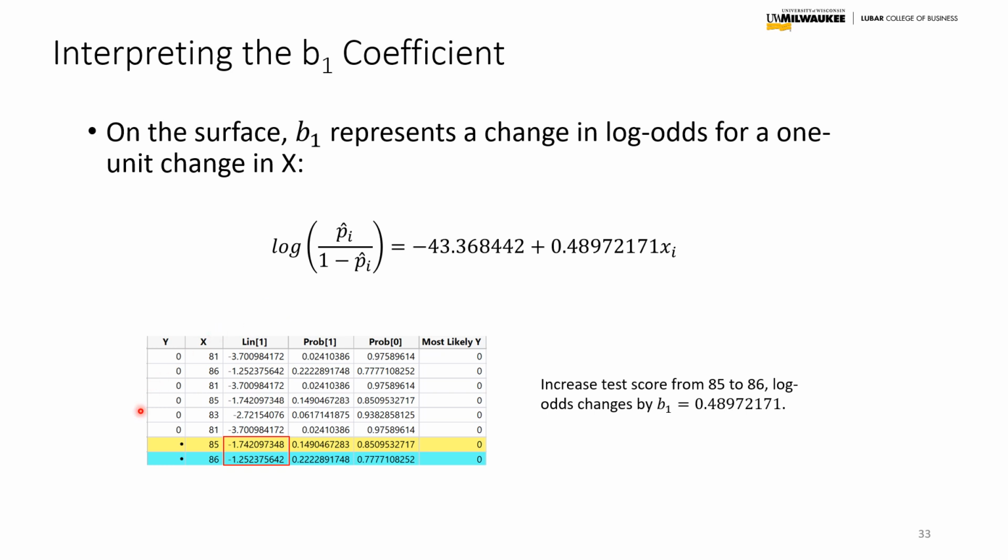If I were to change, for example, X by 1 unit, as you can see here below and color coded, the predicted logit value goes from minus 1.742 to minus 1.252. That change here is indeed the coefficient B1. So in summary, B1 represents the change in logit or log odds for a 1 unit change in X.